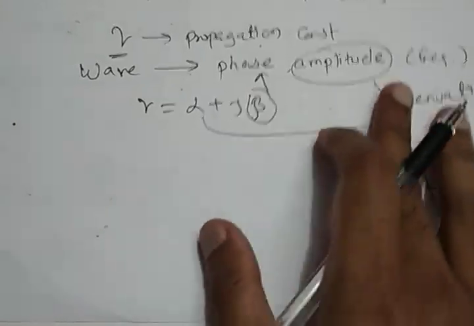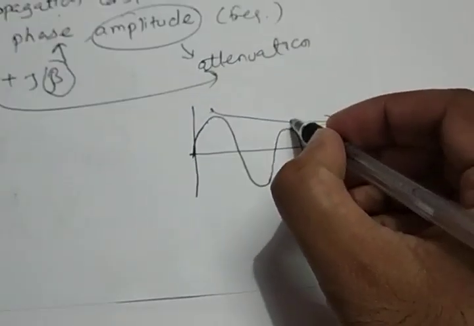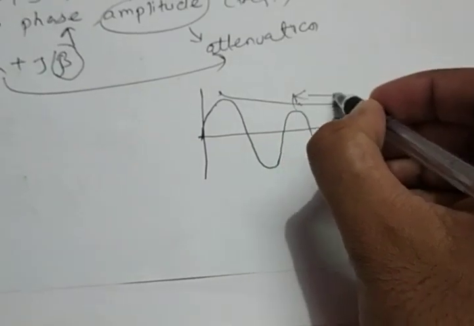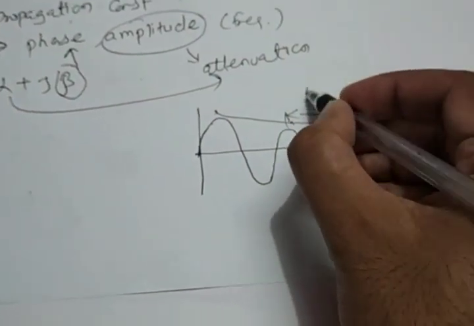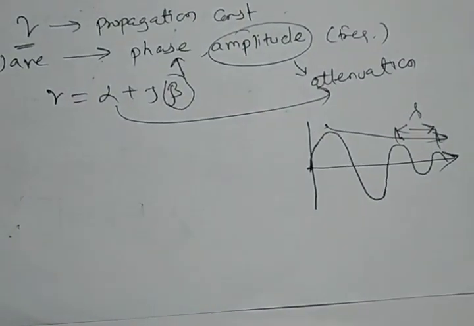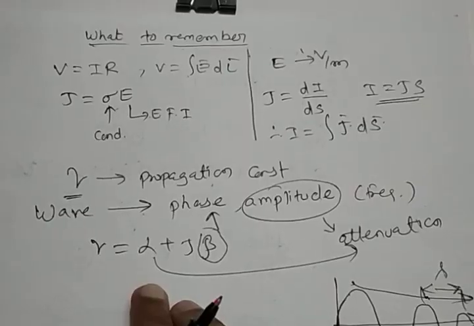We have some kind of amplitude and the wavelength for this particular wave.